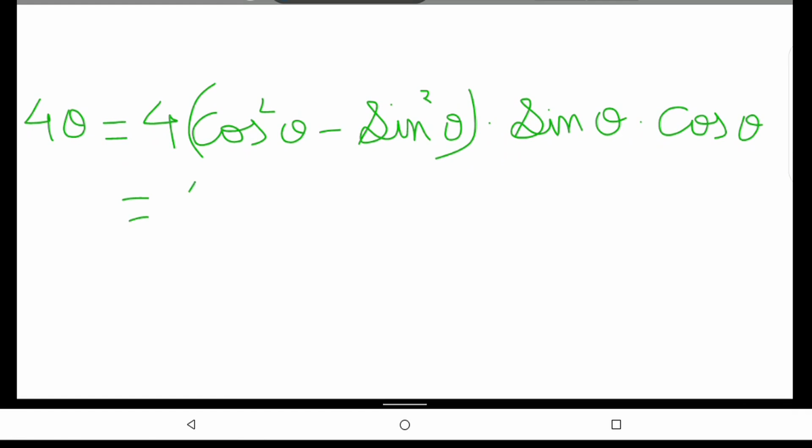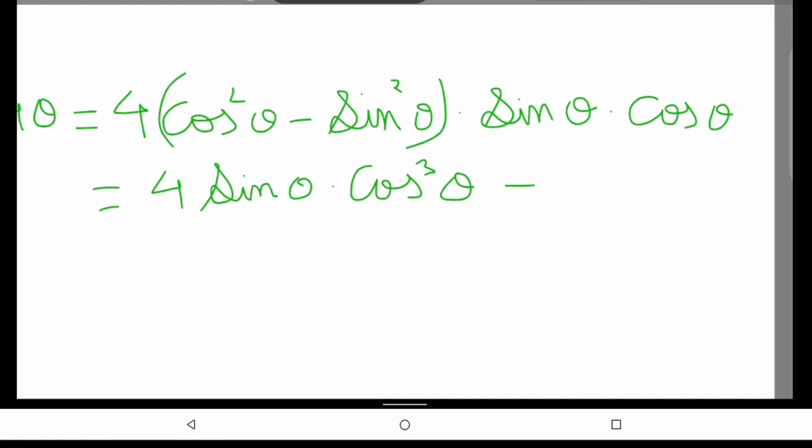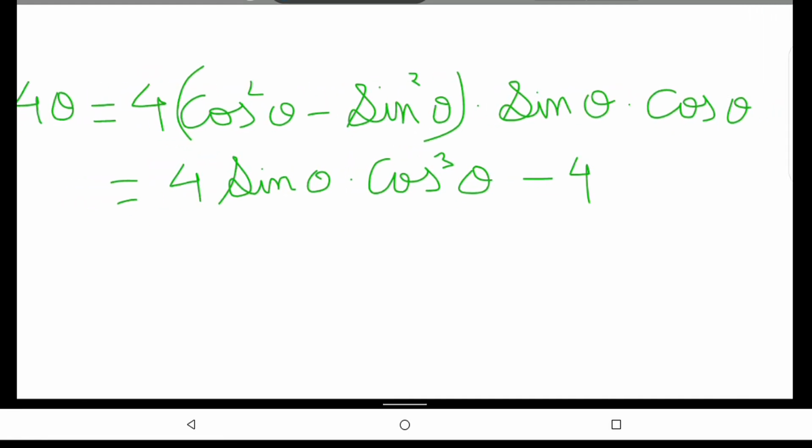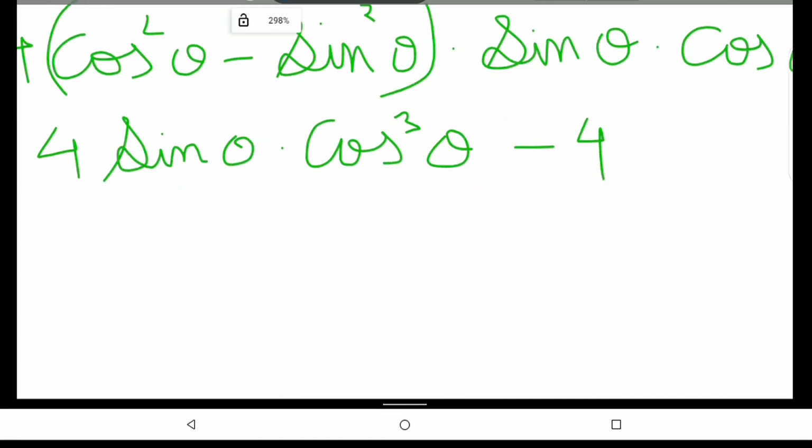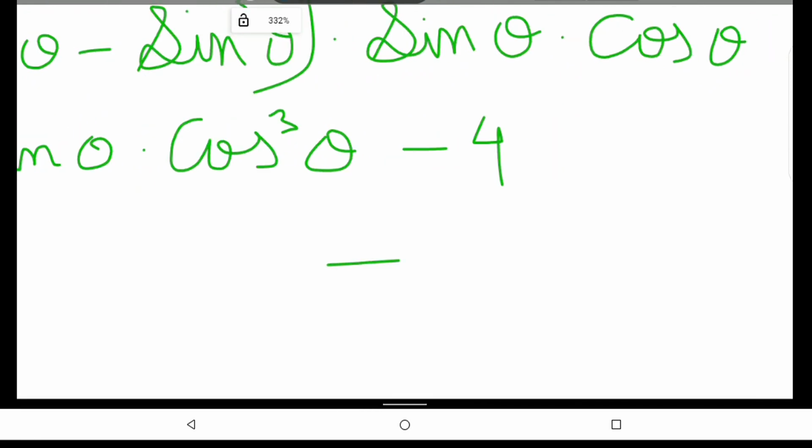So that is equal to 4 into, we can multiply by sine theta cos theta, so we have 4 sine theta into cos cube theta minus 4 sine cube theta into cos theta.